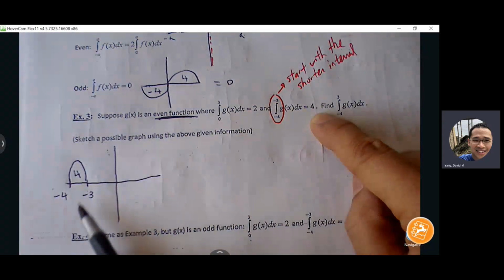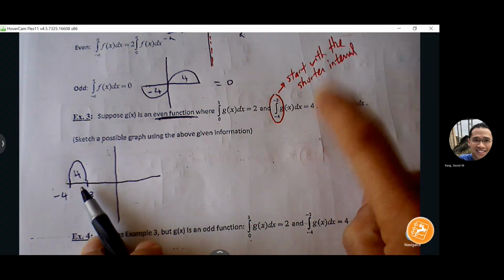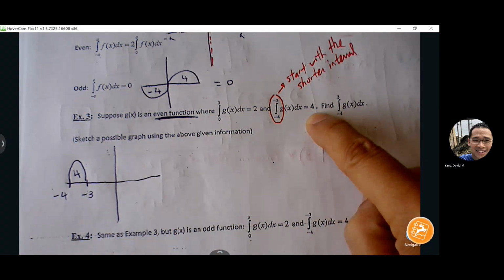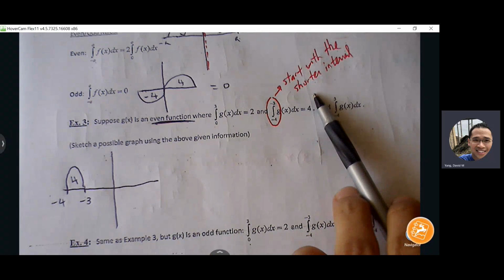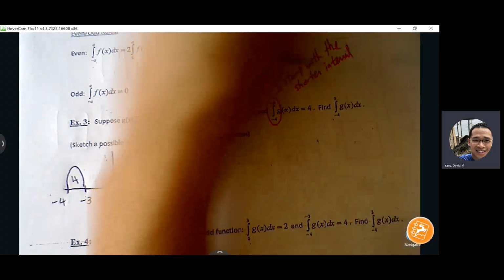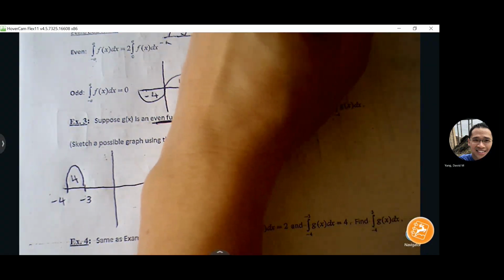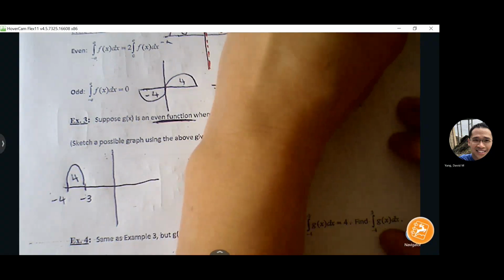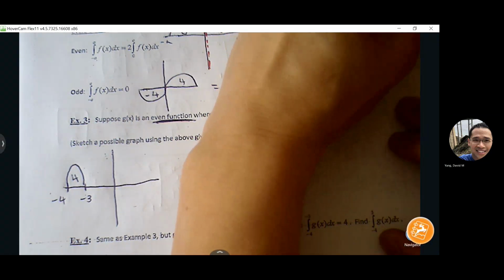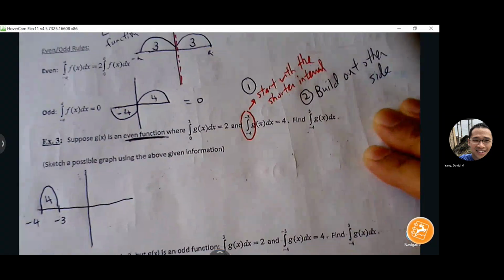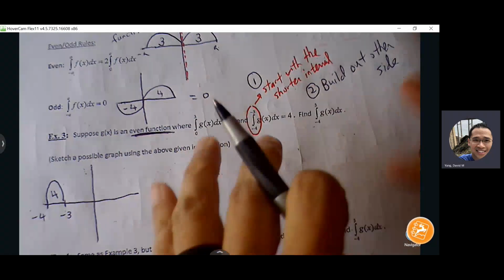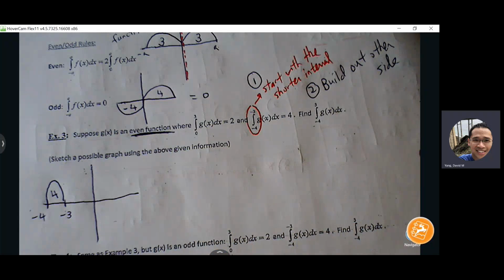Okay, it's above the x-axis because it's what? It's positive. Okay. Now, as soon as you take care of your shorter interval, go ahead and build out the other side. It doesn't matter. It's not going to make a difference with this problem because this is an easier problem.